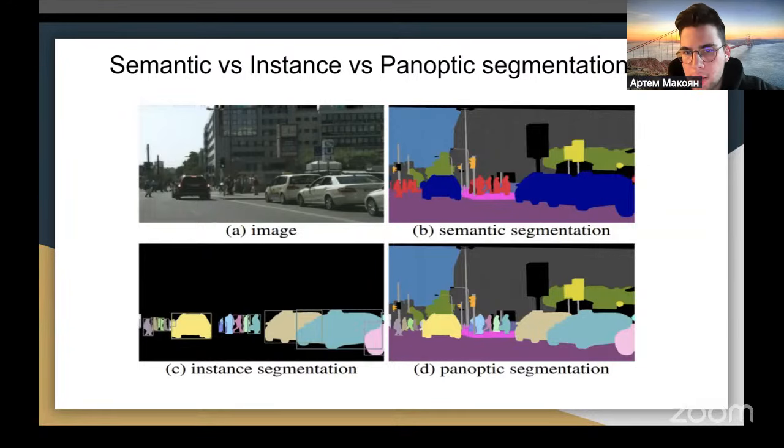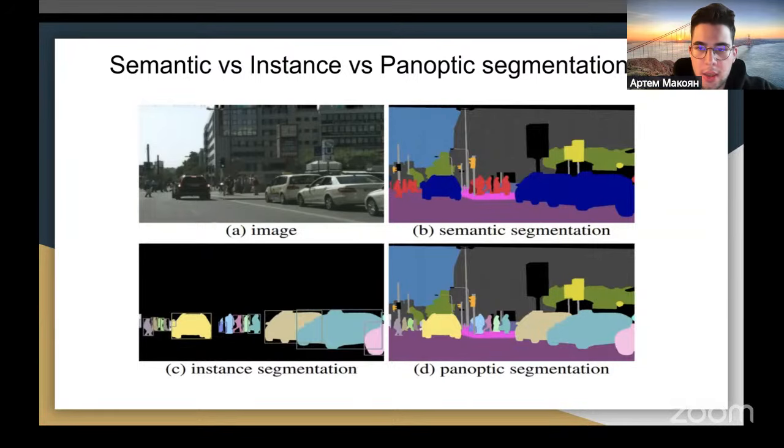When I say color, it's easier to understand, but in fact, each pixel has a number. For example, 0 is for cars, blue color, 1 for humans, red color, and so on. So the purpose of semantic segmentation is to distinguish different classes of objects.